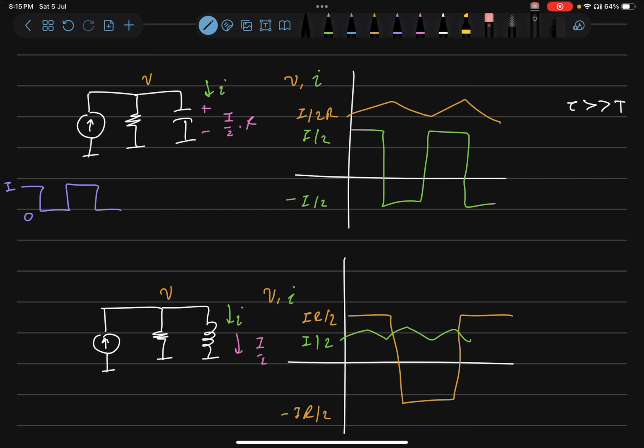So this will help you analyze, and I thought that this would be a good thing to share with you guys. If you know this, then all these circuits seem trivial in steady state at least, and you can draw the waveforms very quickly. And you can solve these questions in the frequency domain also, but I would advise to solve these questions in the time domain, because if you know this thing, you can pretty much draw the waveform in the steady state of any RL or RC circuit with pulse current or voltage input.